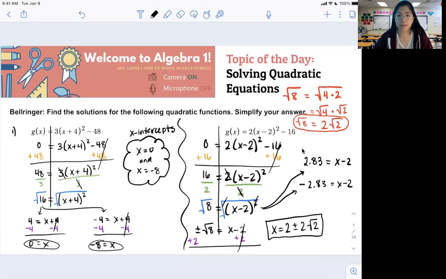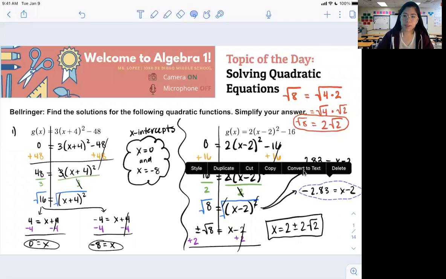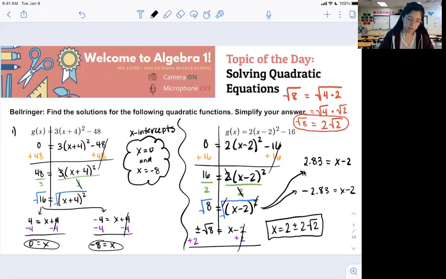It's just that you're going to have a decimal instead. So then you just do the little bit of math. You have to add 2 to both sides. Plus 2. And you can use your calculator for this. Okay. So now 2.83 plus 2, I get 4.83.